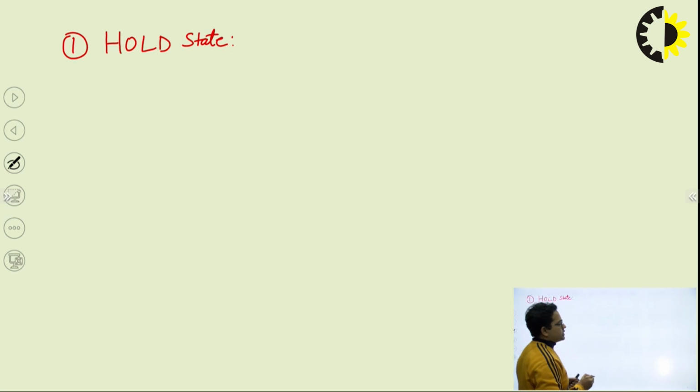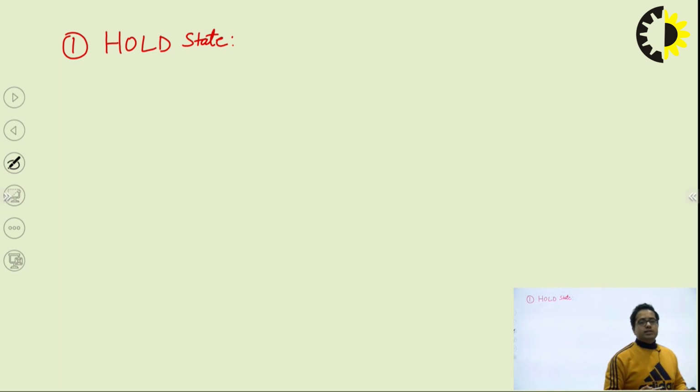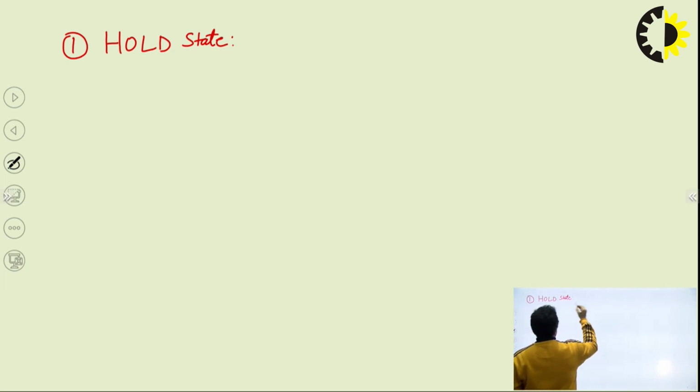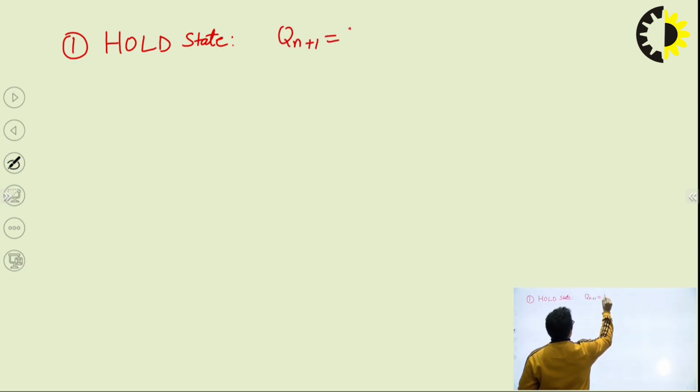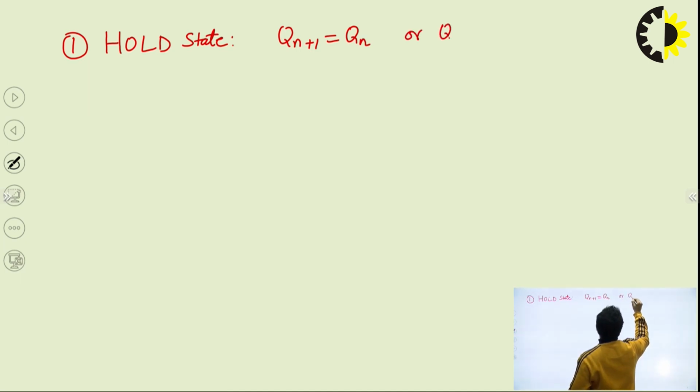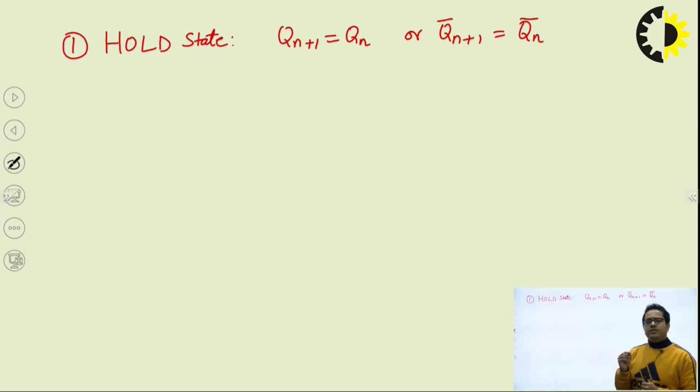In the case of the hold state, if I am saying that my latch is in the hold state, what is the meaning of that? I am concentrating on the present normal output. So what is the value of the present normal output based upon which I can say that my latch is in the hold state? If your Qn plus 1 equals Qn, or your Qn plus 1 complement equals Qn complement, in this case we will say that the latch is in the hold state.